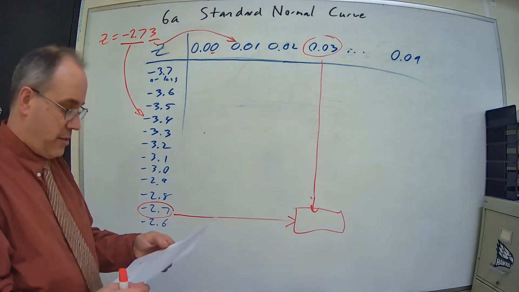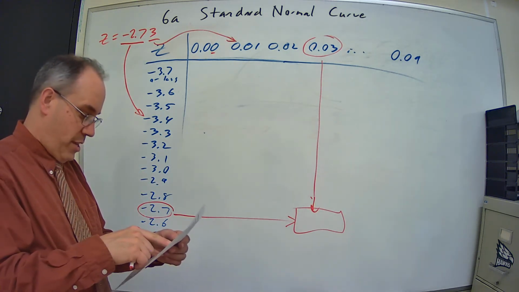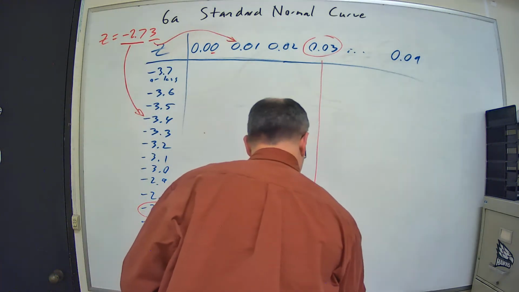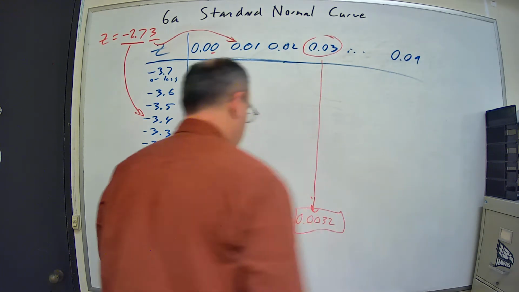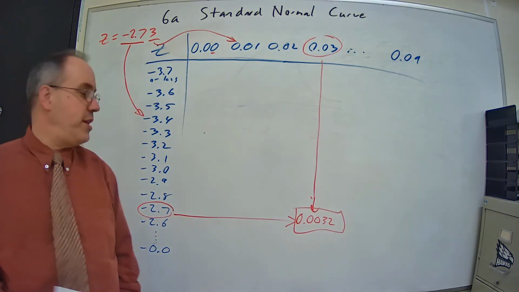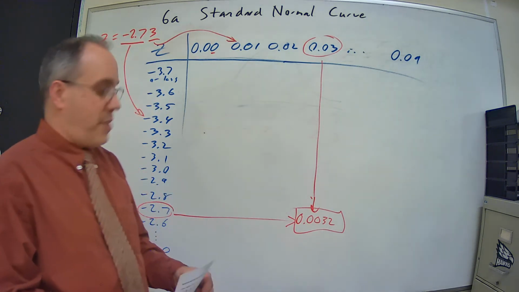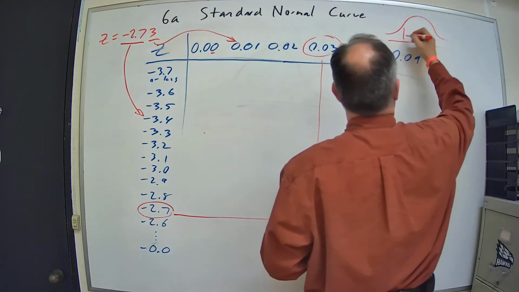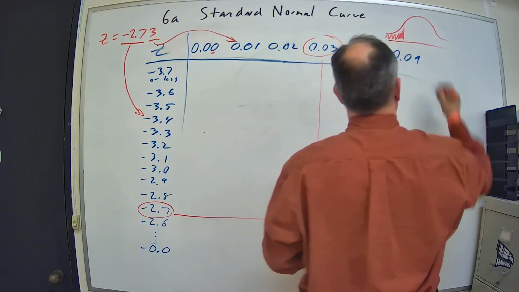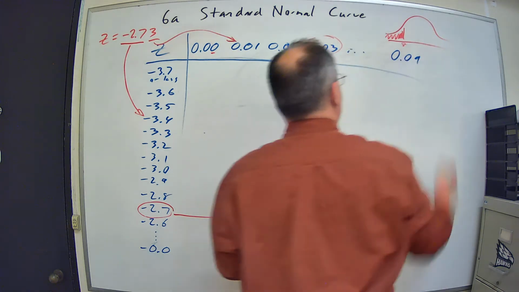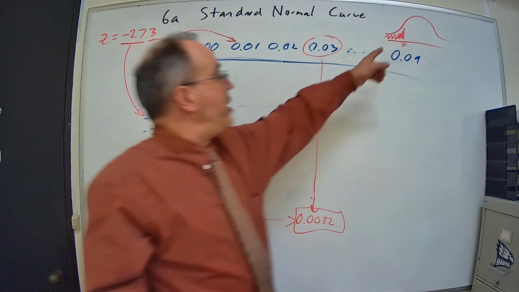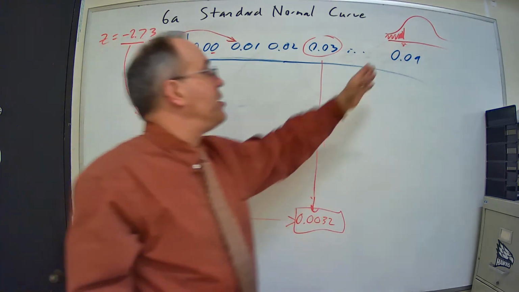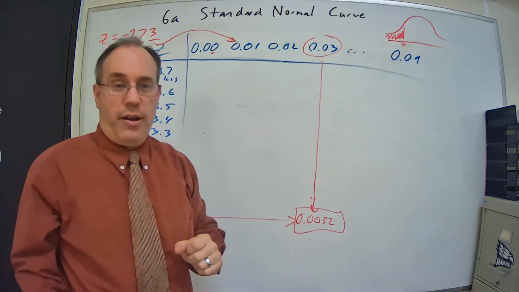That value, in this case, negative 2.73, gives me 0.0032. So 0.0032. So that's the value. Now remember, in the upper right hand corner of this table, there was this little drawing, looked a little like that, showing us that this value here is the area to the left of that z-score.